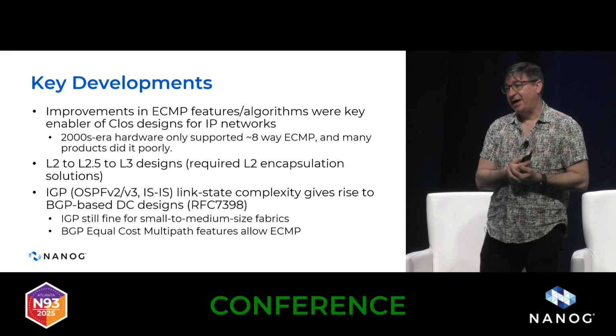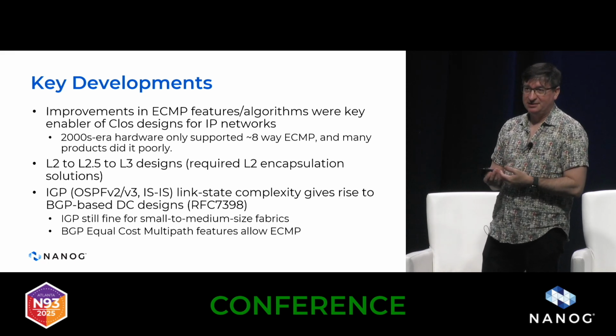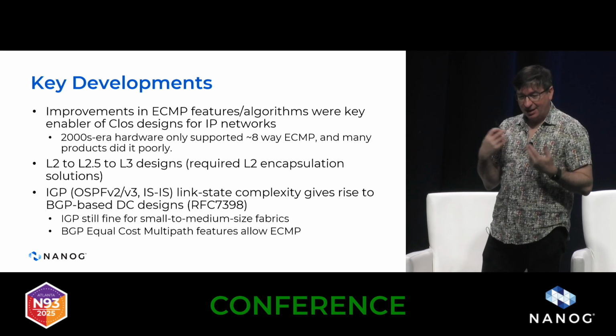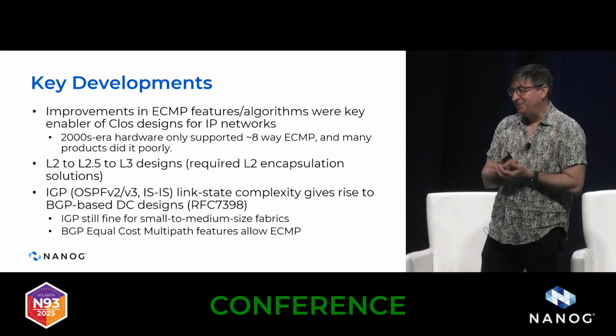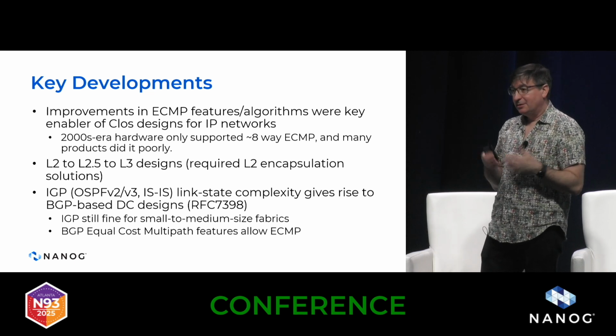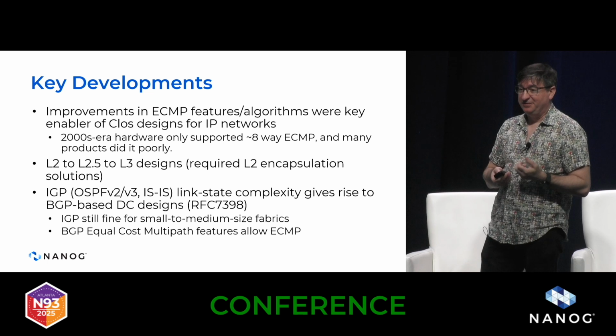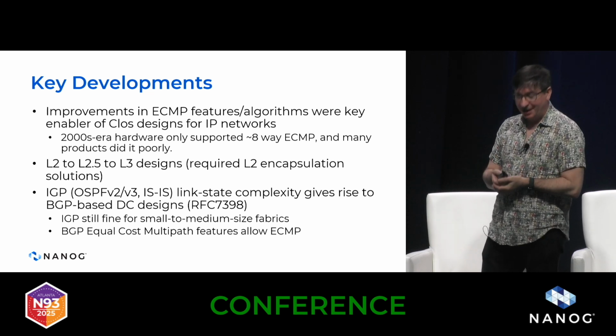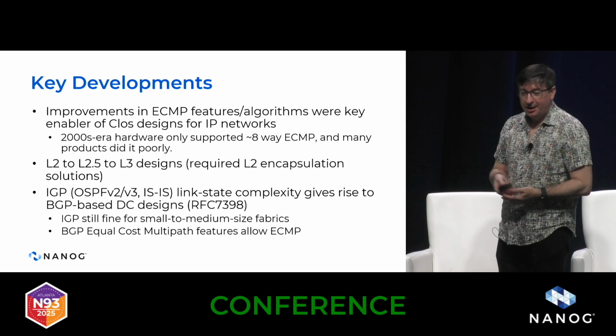But what we saw is that people started moving to BGP-based designs, where BGP became the IGP. And to be fair, IGP is still fine for fabrics of a certain size. I've even seen examples of very large fabrics that still use IGP. Very well-designed IGP, but still IGP.